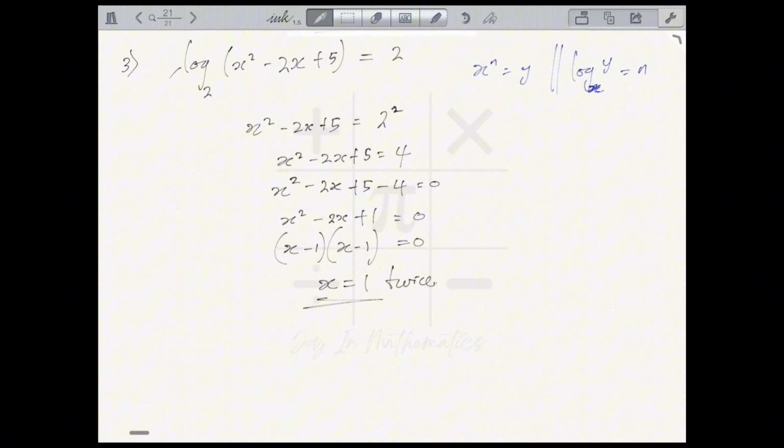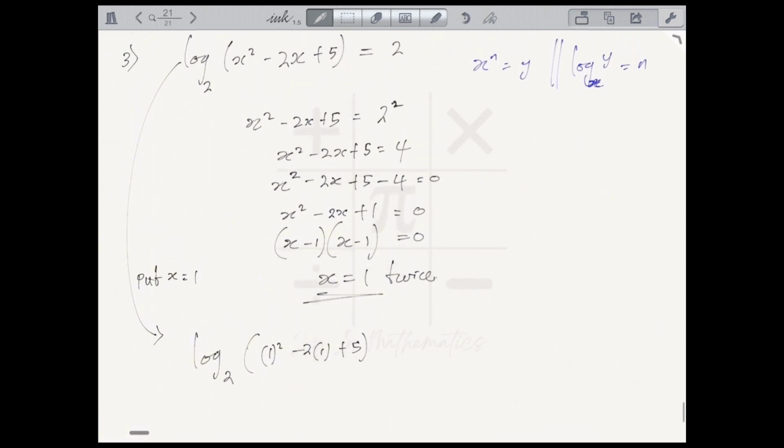So let's give it a try here and put x is equal to 1. So we have log to base 2 of x squared minus 2x plus 5 is equal to 2. Okay, we are evaluating it. So instead of x, we'll be putting 1.